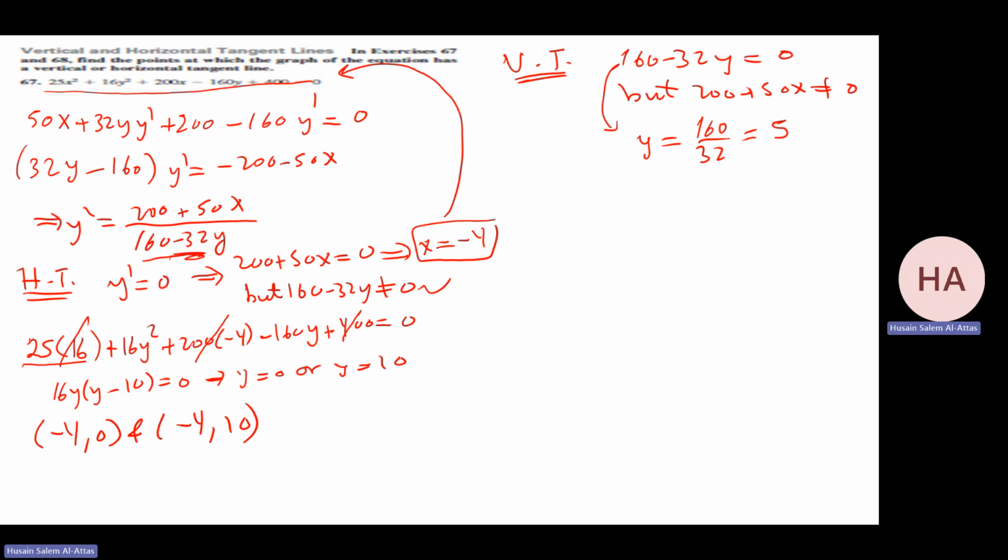Now to find the x values, I plug it here. So I have 25x squared plus 16 times 25 plus 200x minus 160 times 5 plus 400 equals 0.